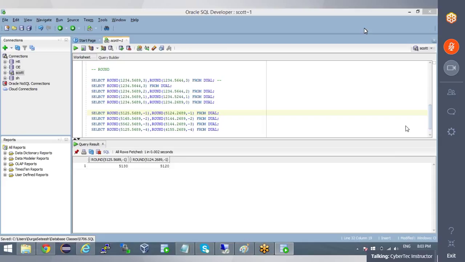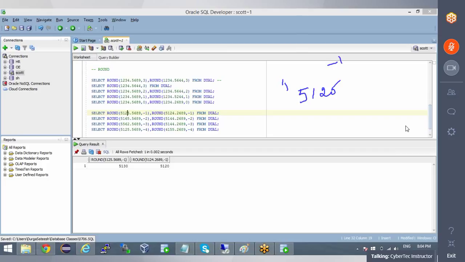Now, what is the value before the decimal? We have the value as 5125.